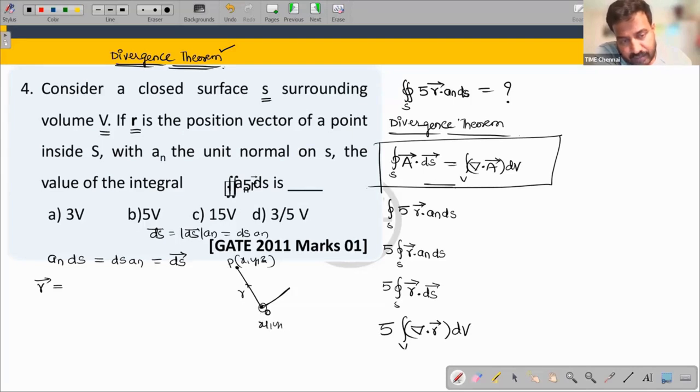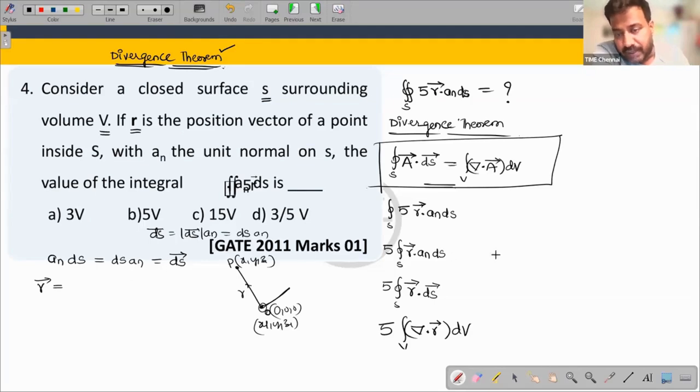Here x1, y1, z1 is at origin, always 0, 0, 0, and this is x2, y2, z2. If it is measured between 2 points, you call it a distance vector. If it is measured from origin, you call it a position vector. As this is measured from origin, it is a position vector.